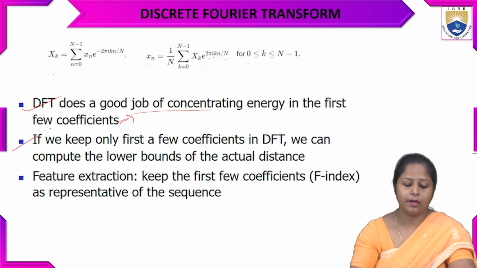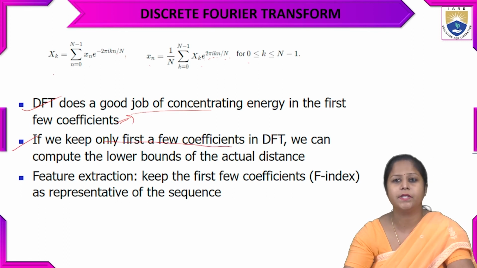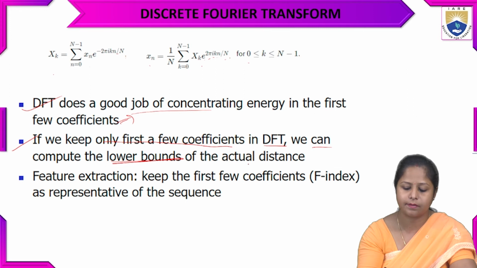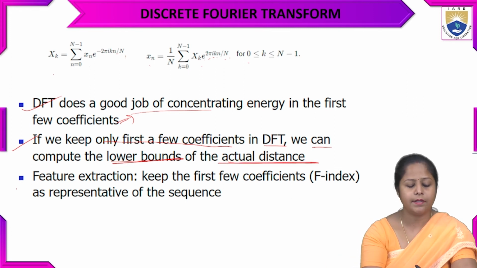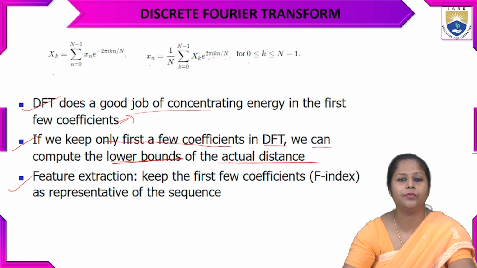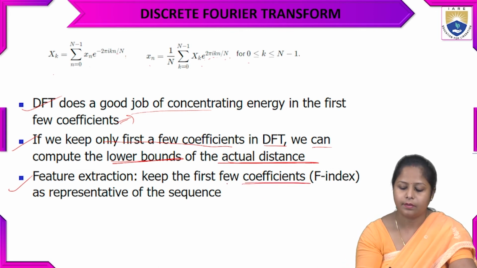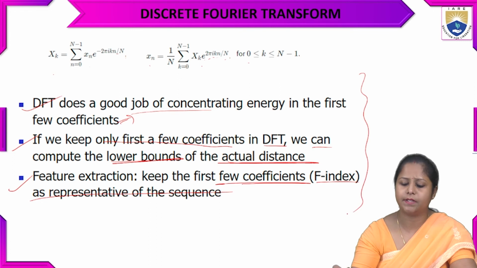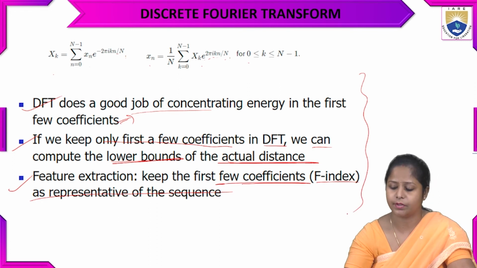If we keep only the first few coefficients in DFT, that is discrete Fourier transform, we can compute the lower bounds of the actual distance, right? And for that we need feature extraction. We need to keep the first few coefficients, with an F-index, as representative of the sequence. So this was all about the discrete Fourier transform method, right?